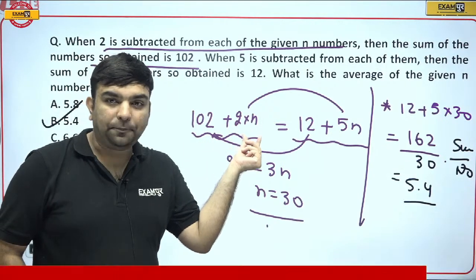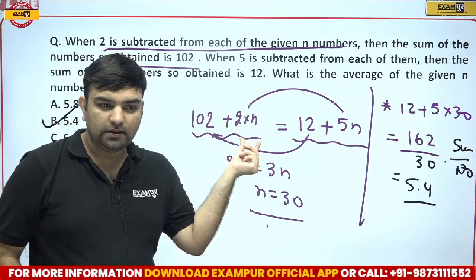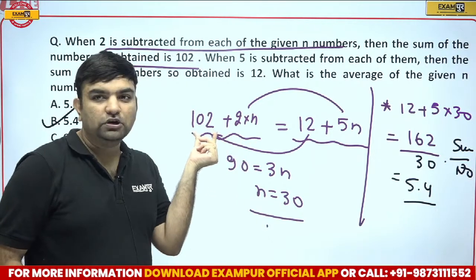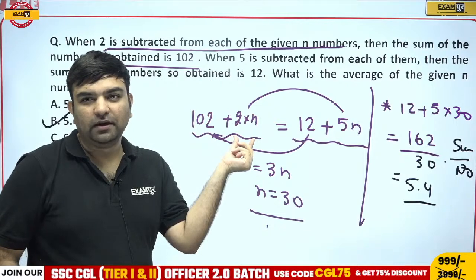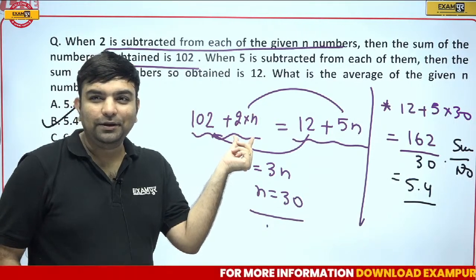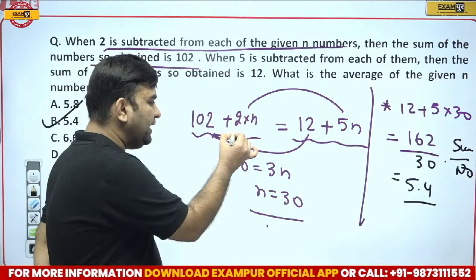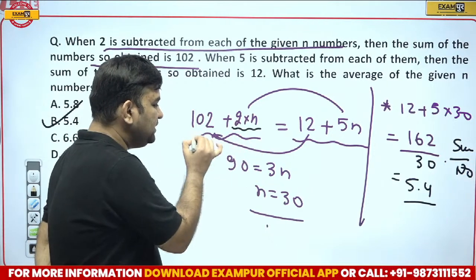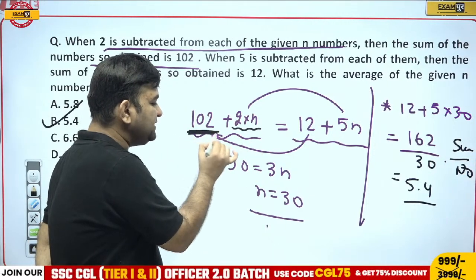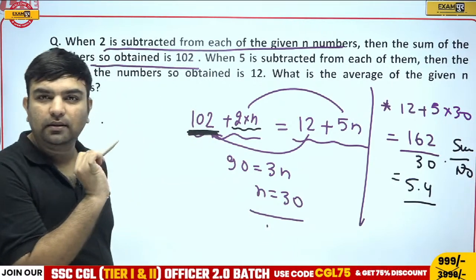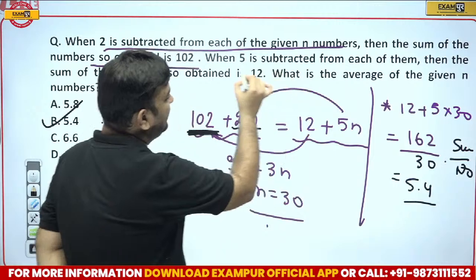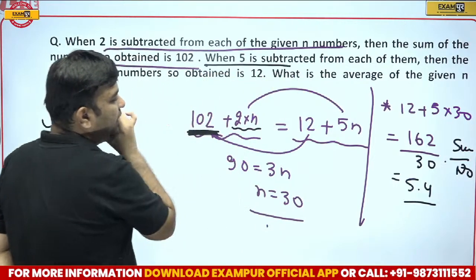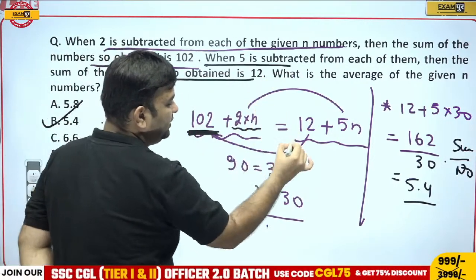When 2 is subtracted from each of the numbers, the sum remaining was 102. So add 2 to each of the numbers, and I will get my original sum as 102 plus 2n. Similarly, when 5 is subtracted from each of the numbers, I obtain the sum of 12.